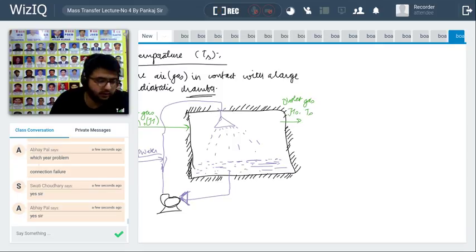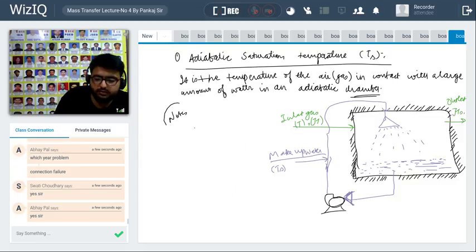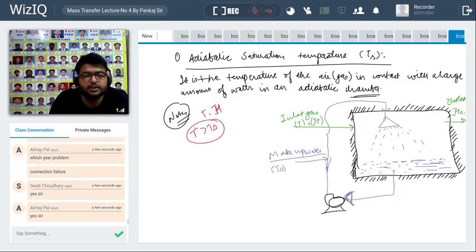Now some notes to mention about it. Note. If gas is entering at temperature T and humidity H, then obviously T will be greater than Ts. That is, on contacting with water, the temperature of the air will get reduced.